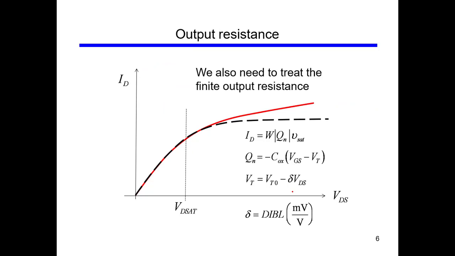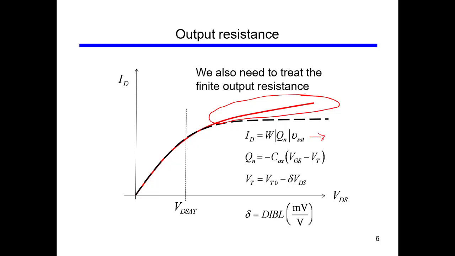Now we come to the point of finite resistance. We saw that there is a slope here, which means that increasing VDS increases the current a little bit. So again we start with the formula for the current.